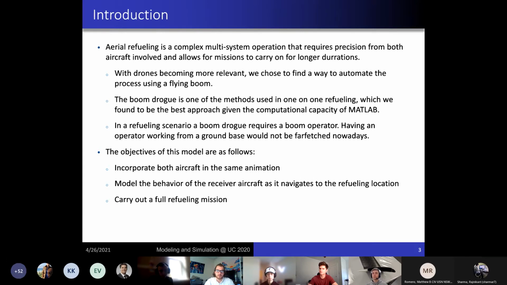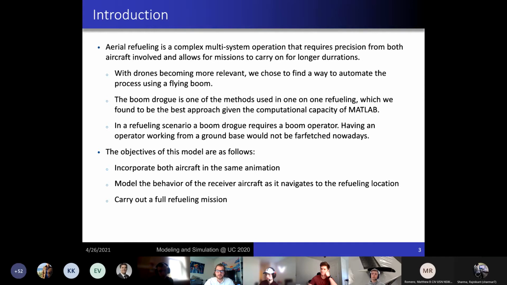We ended up using a flying boom. With the time that we had, we ran out of time to work with the resources we have, so we ended up with the more rigid boom style of refueling. In this scenario, though, there is a boom operator.